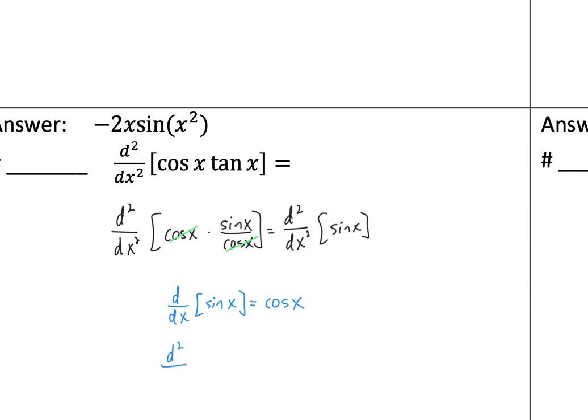And then the second derivative will be the derivative of the first derivative, which is negative sine. So no chain rule because you had a trig function whose inside was just an x.